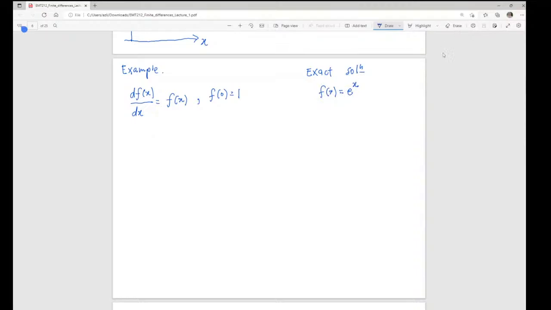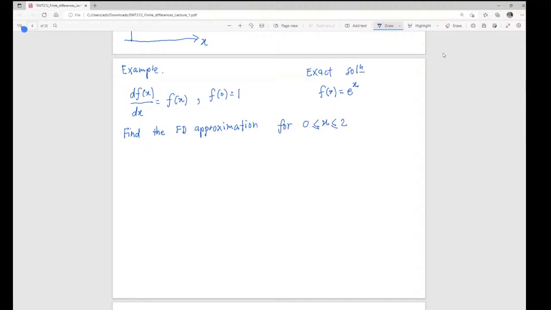So find the finite difference approximation for x equal to 0 until x equal to 2.